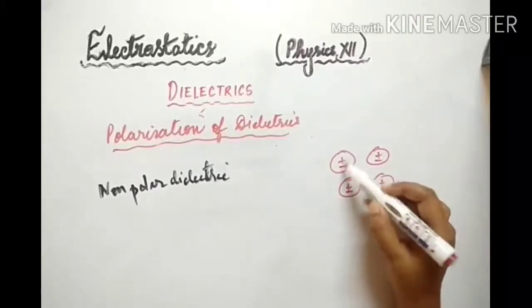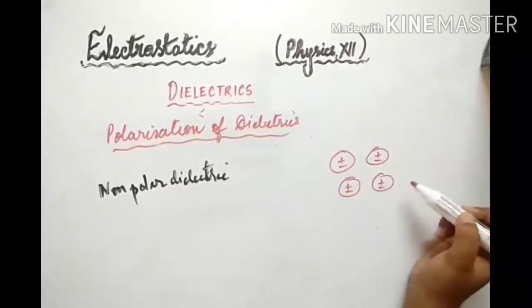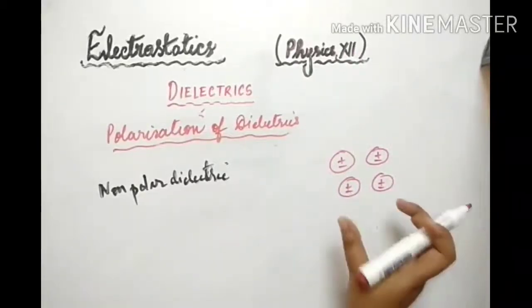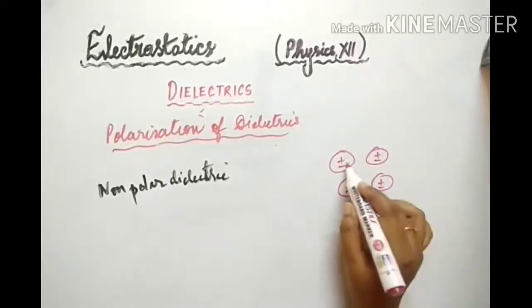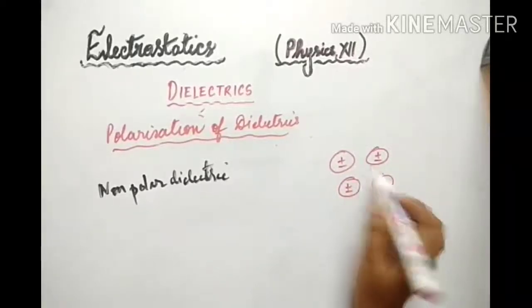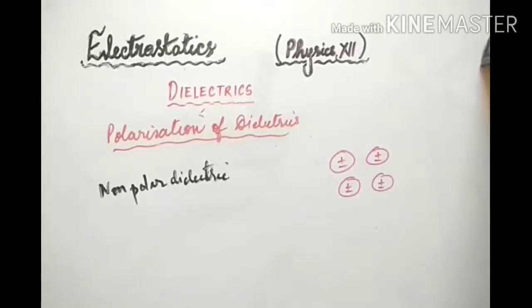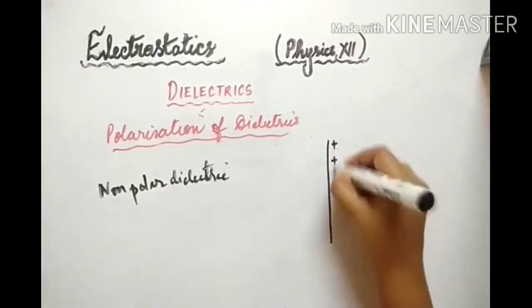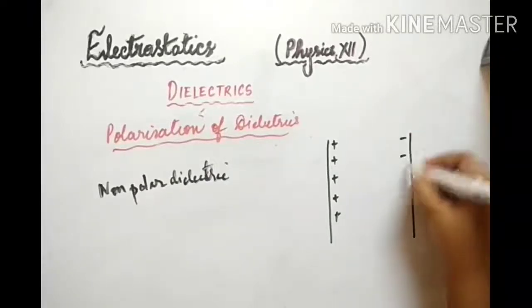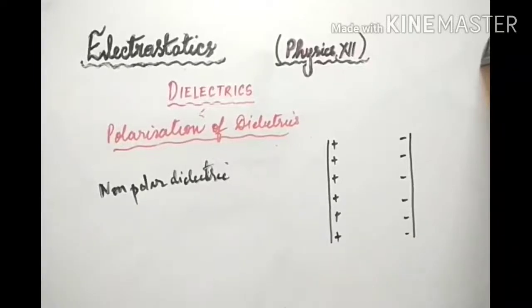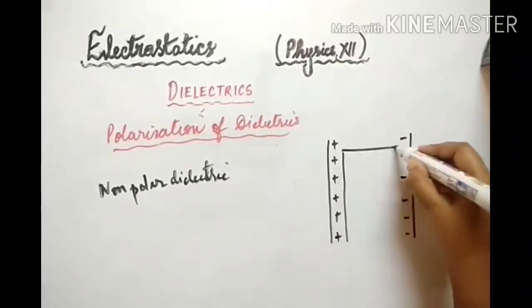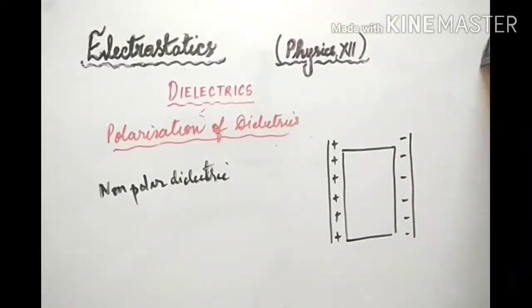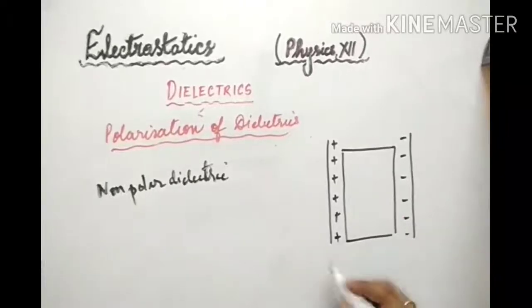We know a dipole moment exists when the positive and negative charges are separated by a distance, but here the positive and negative centers coincide. So when you place them in an external electric field, between a positive plate and a negative plate, again the positive and negative centers orient, like this was the positive and negative center, where E was 0, external field.